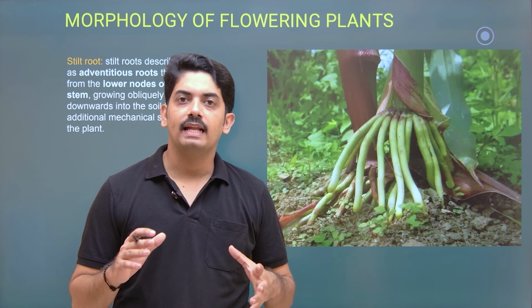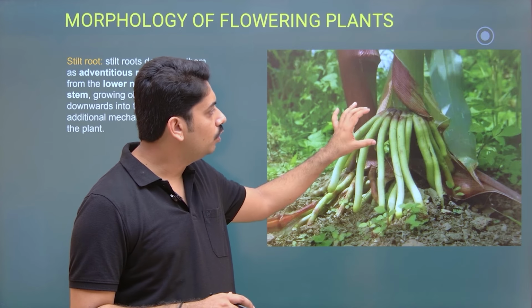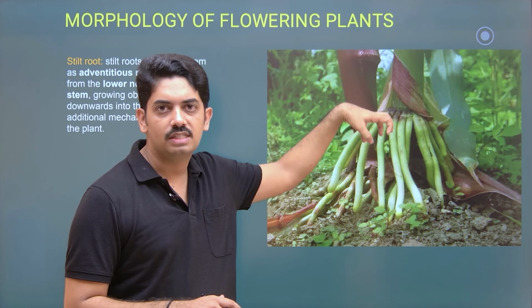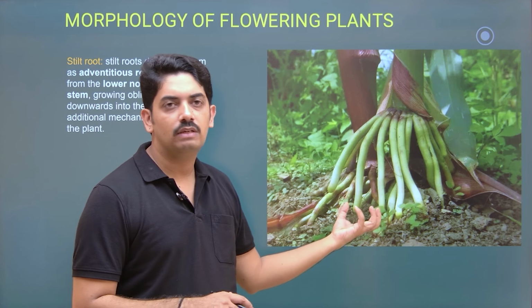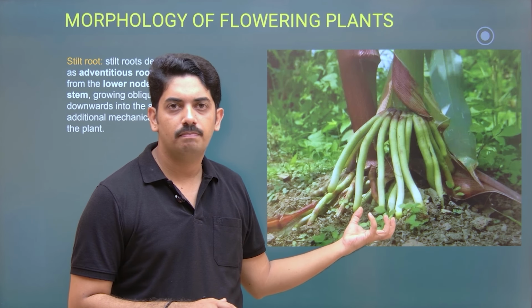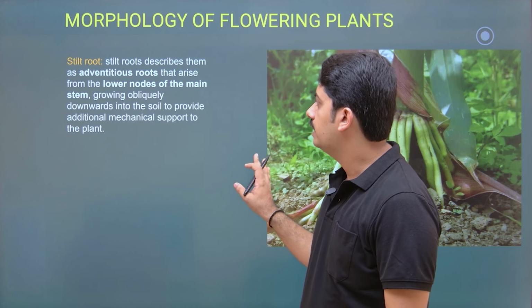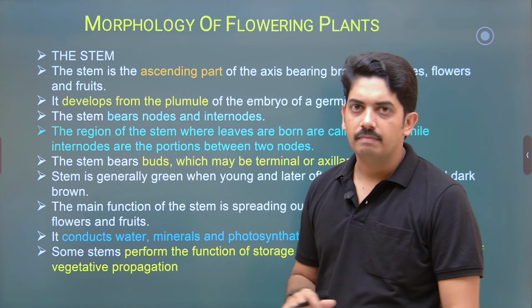So they come up with an idea that from the lower few nodal regions they produce roots, stilt roots. They can give mechanical support for the plant. So this is one more type of adventitious roots which helps in mechanical support.